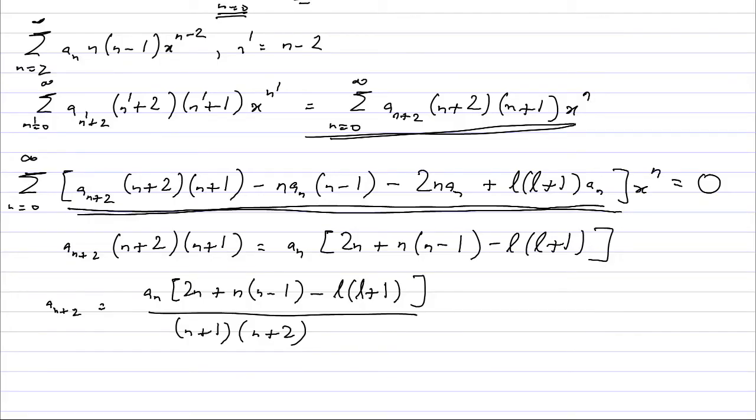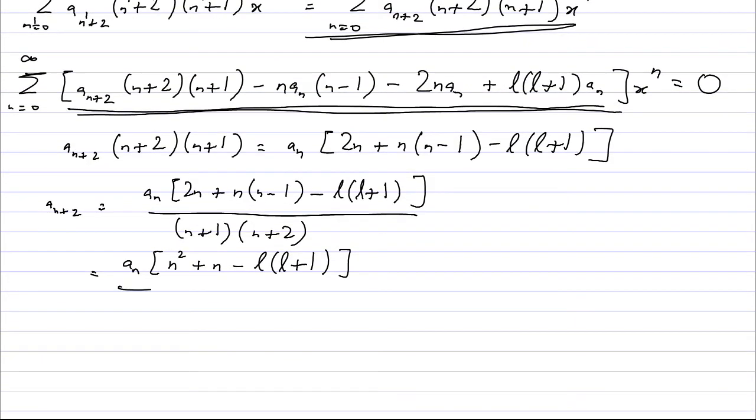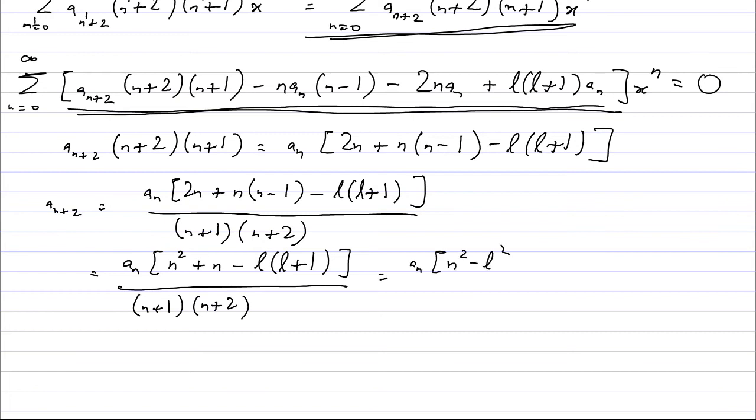I can simplify the numerator somewhat. So I have 2n plus n square minus n, so this gives me n square plus n minus l(l plus 1), divided by (n plus 1)(n plus 2), and this is equal to a_n times (n square minus l square plus n minus l).